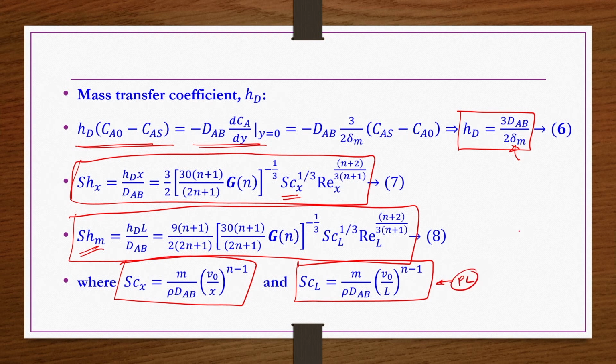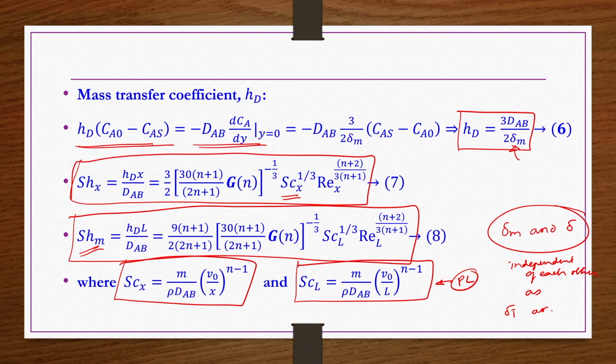Remember one more important thing here, that delta M and delta are independent of each other, as we considered in the case of delta T and delta. Only then are these results valid, because we are writing analogously, in comparison with the delta T case. The delta T case we derived assuming that the momentum and thermal boundary layers are independent of each other.